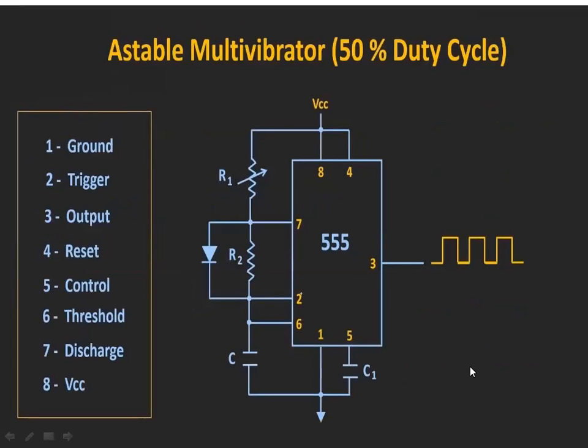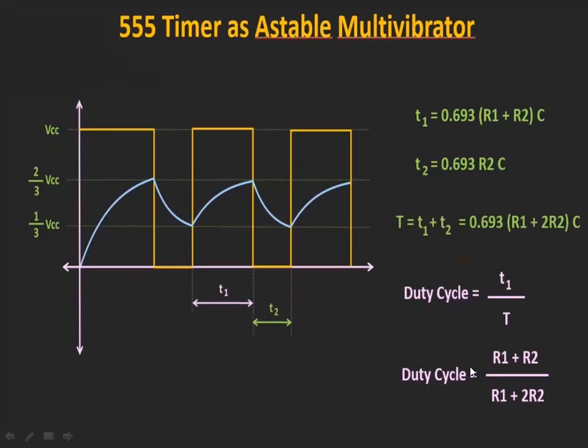But as we know, in some applications we may need to generate a square wave which is having the same time period, that is, on time period equal to off time period. That is nothing but 50% duty cycle.